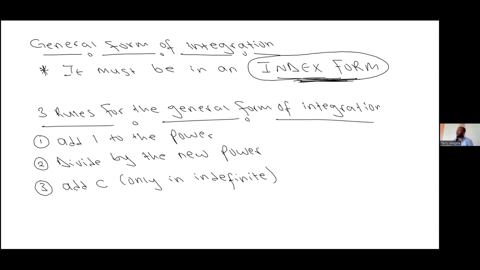All right, let's pick an example. Let's assume number 1, dy over dx is equal to 7x squared, find the equation of y.